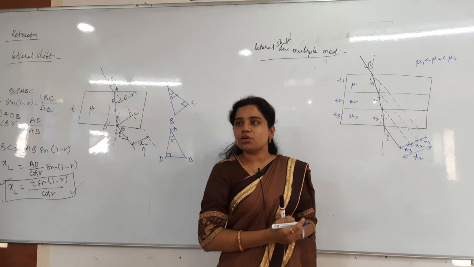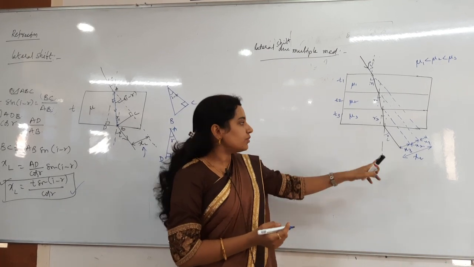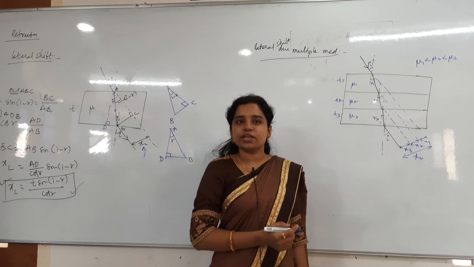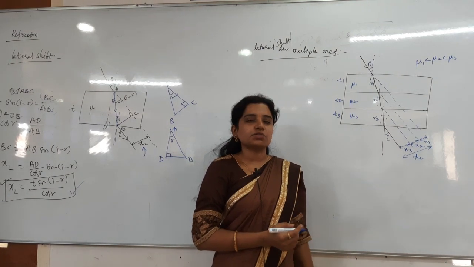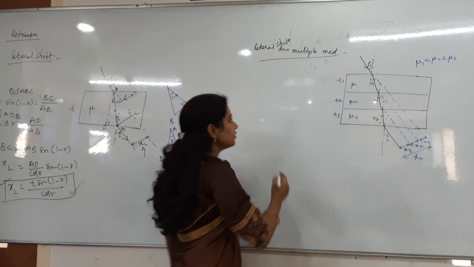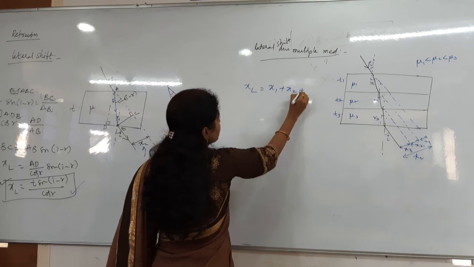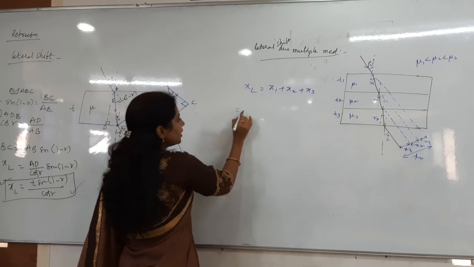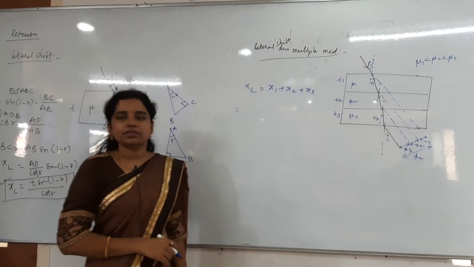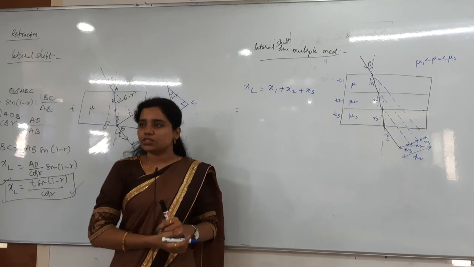I want to get the total lateral shift. What I have to do then? XL is equal to what? x1 plus x2 plus x3. So total lateral shift, that is XL is equal to x1 plus x2 plus x3. Already you know the lateral shift formula. What is that? Thickness into sin(I minus R) by cos R we will get.